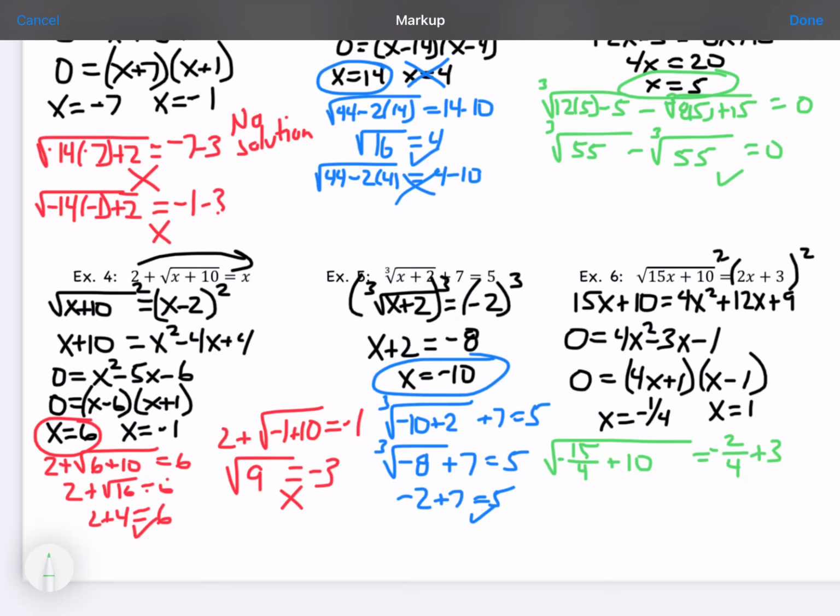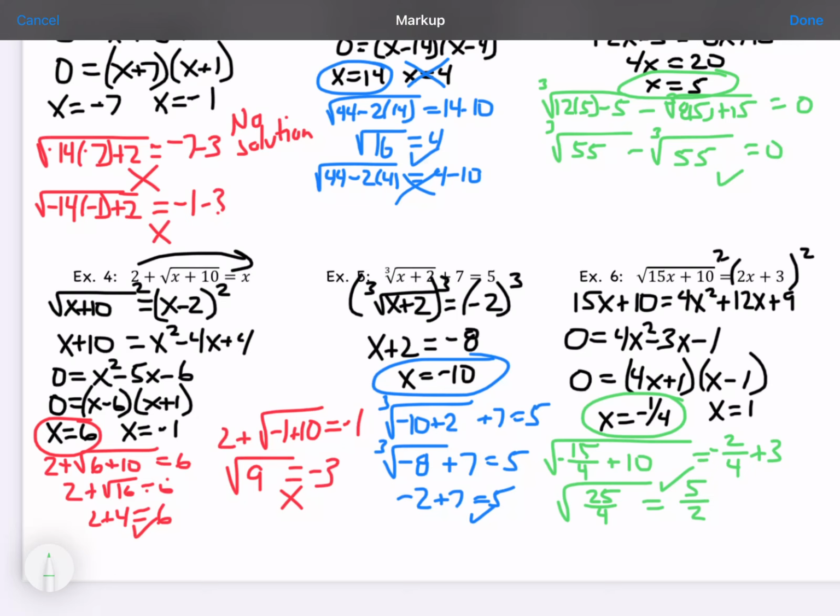So negative 15 over 4 plus 10, that's equal to the square root of 25 over 4. And this is equal to negative 1/2 plus 3, which is 5 over 2. So if you take the square root of the top and the square root of the bottom, it checks out. So x can be negative 1/4.